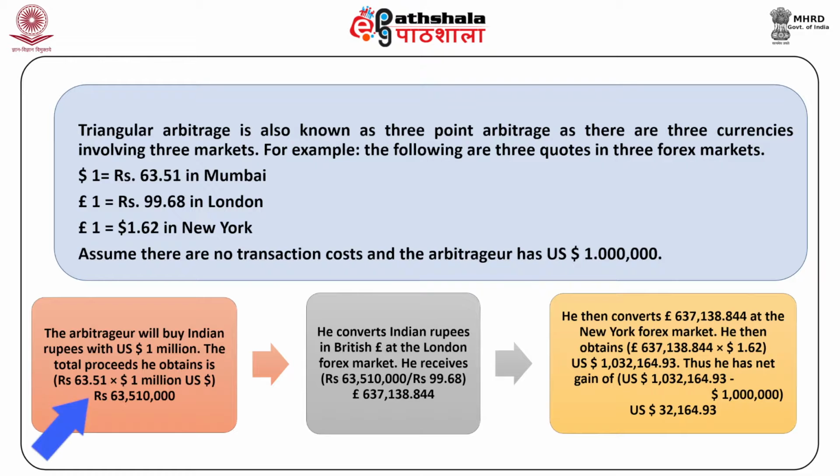The arbitrator will buy Indian rupee with 1 million US dollar. The total proceeds he obtains is rupees 63.51 multiplied by 1 million US dollar, which will be equal to 6 crores 35 lakh and 10,000 rupees. He converts Indian rupees into British pounds at the London Forex market. He receives 6,37,138.844 British pounds.